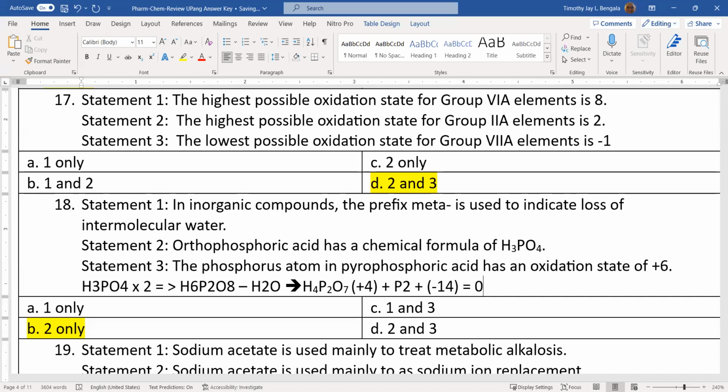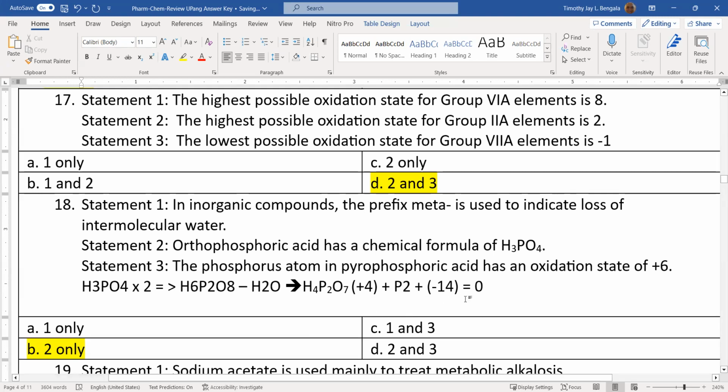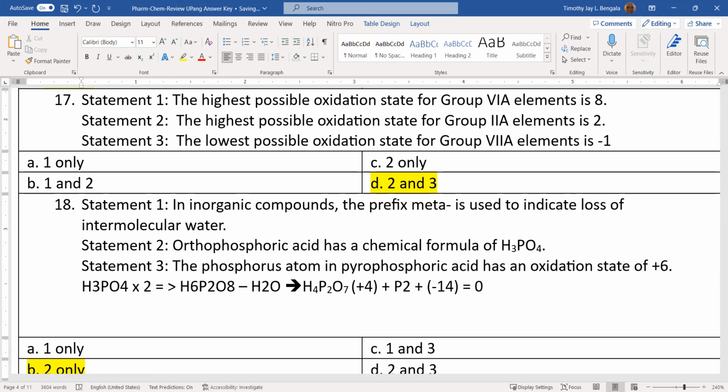So here, we can transpose yung 14 to the other side. So P2 will be equal to 14, no? Nag-change yung sign. Plus negative 4 or minus 4. Tama, di ba? So, tinranspose natin yung positive, so magiging negative siya, minus 4.